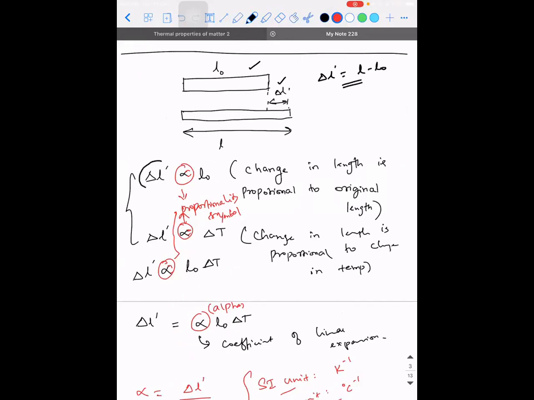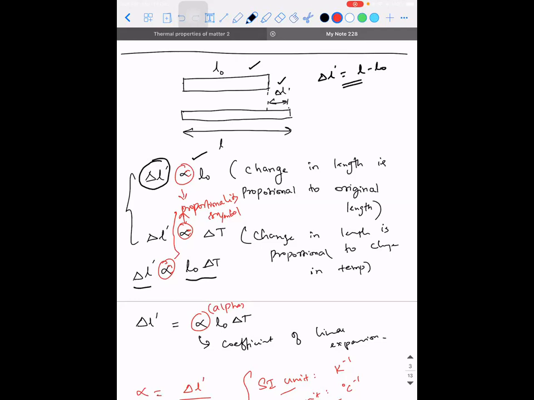So I told you the change in length is directly proportional to the original length. Similarly, the change in length is directly proportional to the change in temperature, right? Then when you combine both, delta L dash is directly proportional to L naught into delta T. So when you remove the proportionality symbol, what is the constant that we introduce?